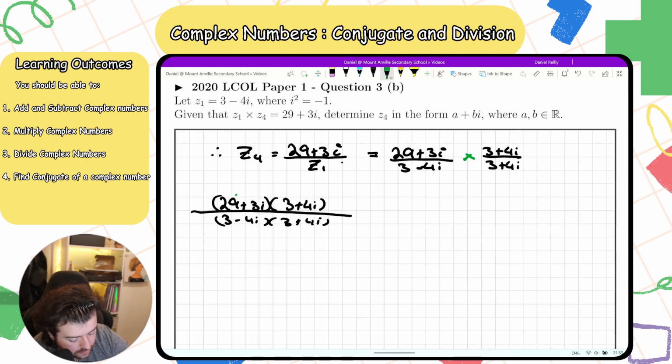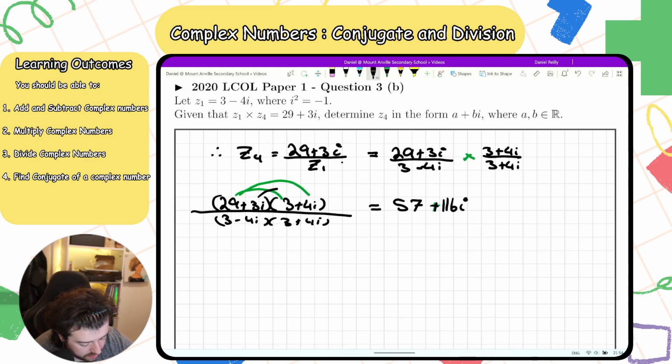So 29 times 3 is equal to 87. 29 times 4i, take out my handy dandy calculator, is going to give me 116i. 3i times 3 is 9i. The 3i times 4i is 12i squared.